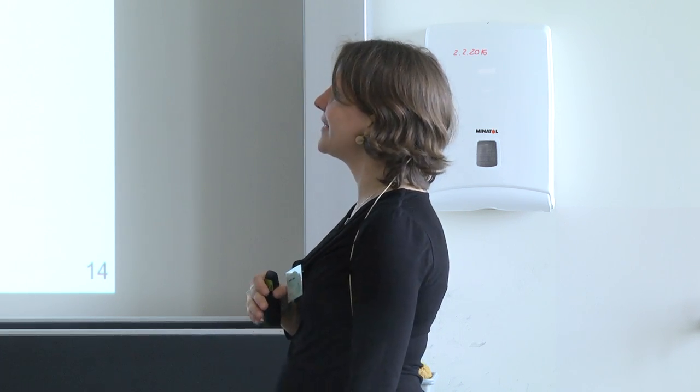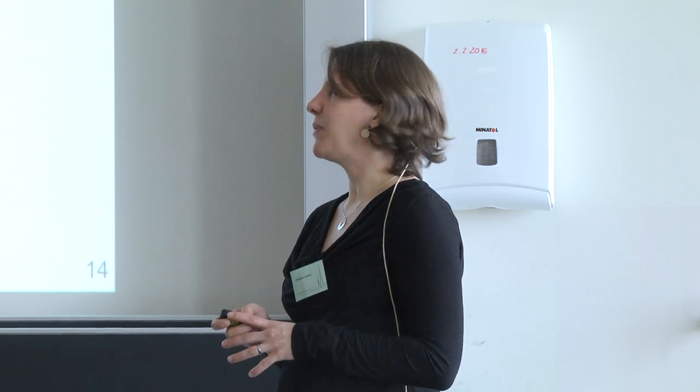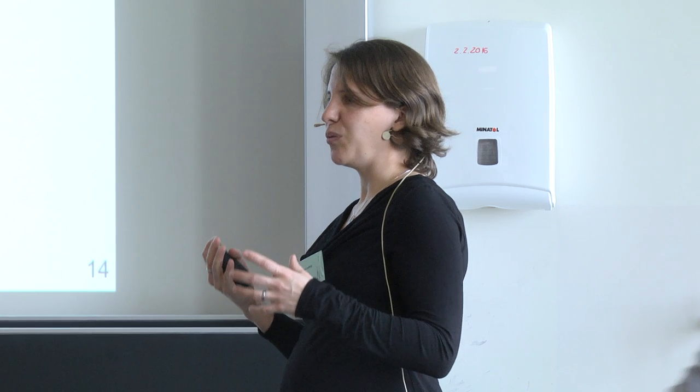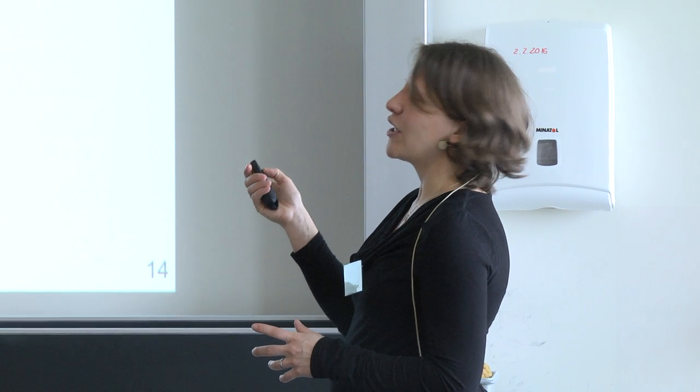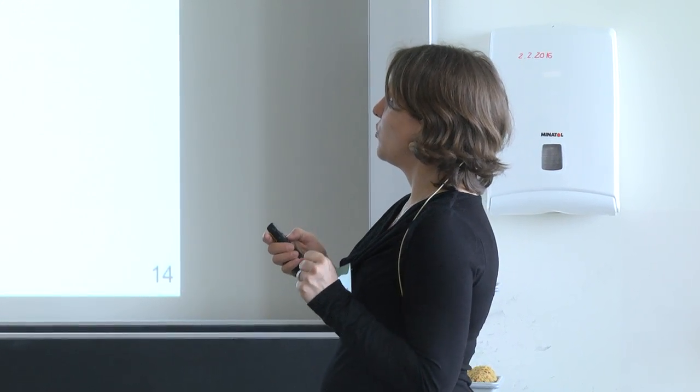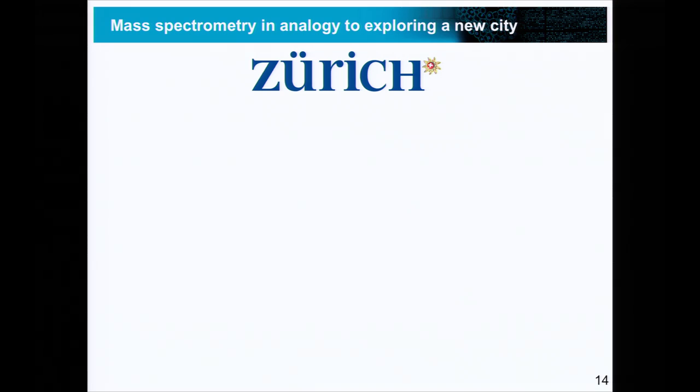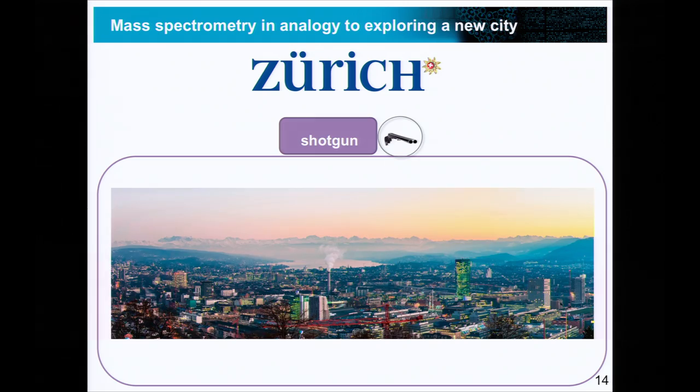Okay, there's one more last analogy I want to make for this first part, which I think once more demonstrates the differences between different mass spectrometric techniques by using a very easy to memorize and very easy to understand example or analogy, and that's the example of exploring a new city. So let's assume you would like to explore Zurich for the first time in your life, and then the shotgun way of exploring Zurich would be to fly into Zurich, to have a look at the skyline, and to then visit during your stay in Zurich all the tallest buildings in the city.